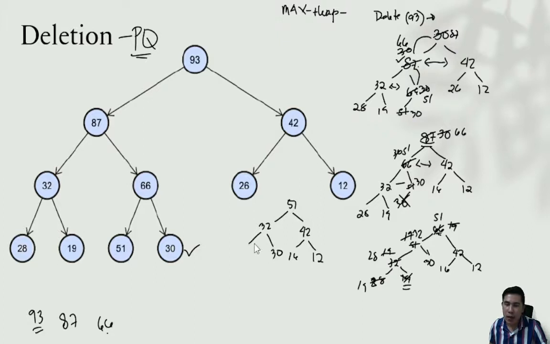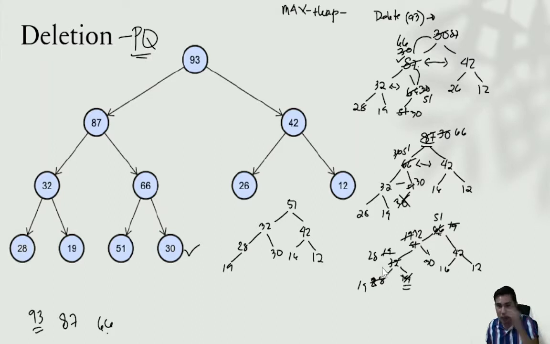And then under your 32 is 28. So that's it. All right. Is it a complete binary tree? Yes. Is it following the heap order property? 51 is greater than its children, 32 is greater than its children.